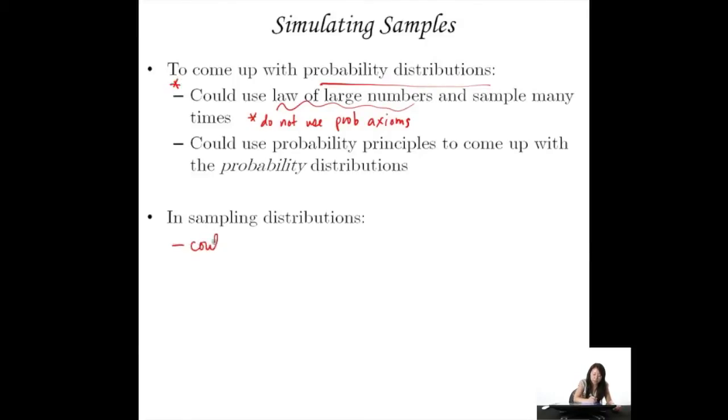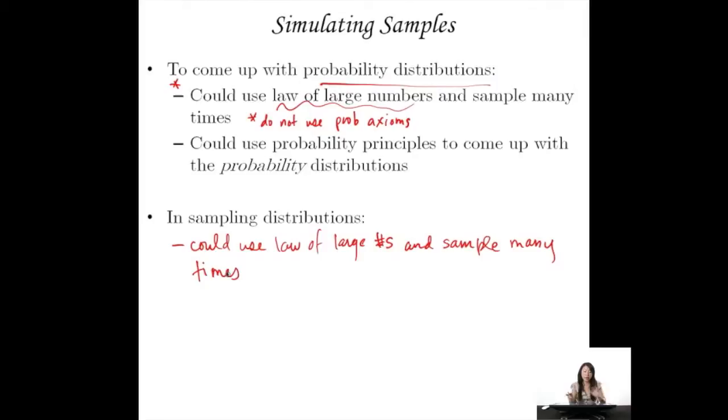We could use the law of large numbers and sample many times. So that's one way we could do it. Unfortunately, we can't use this other one. But we can use something that we're going to learn about later called the central limit theorem. But for today, we are going to focus in on this one, using the law of large numbers to sample many, many times.